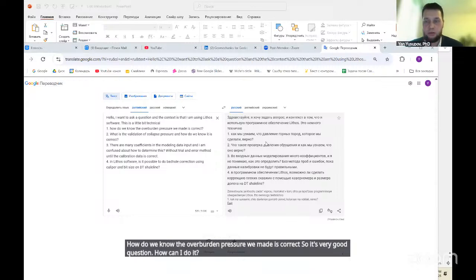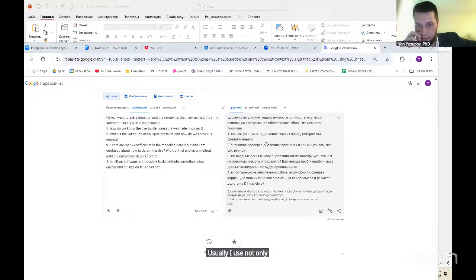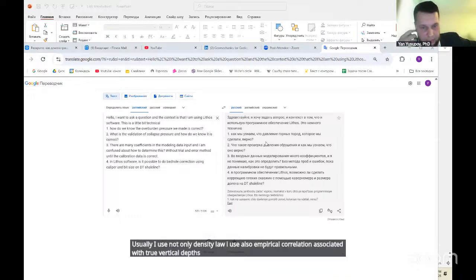Usually I use not only the density log, I also use an empirical correlation associated with true vertical depth and true vertical depth subsea, and compare the density log overburden pressure and the TVD correlation for overburden pressure, and compare these two parameters between them. And this is one of the methods to understand that the overburden pressure is correct.